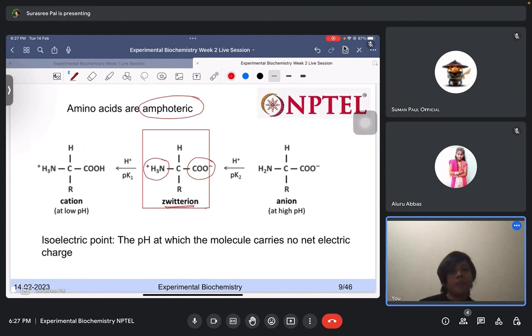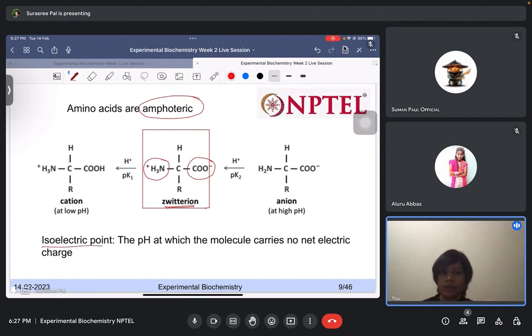And remember that all the amino acids can exist in this Zwitter ionic form at a particular pH. The pH at which the amino acids exist in this Zwitter ionic form is called the isoelectric point.